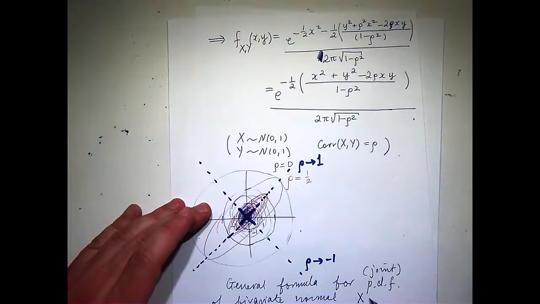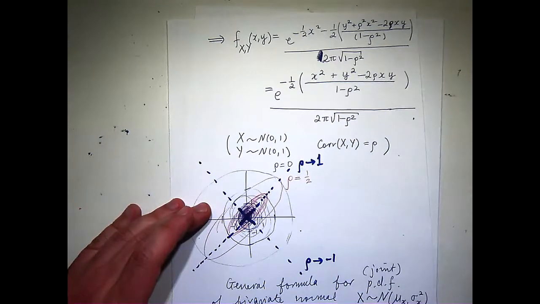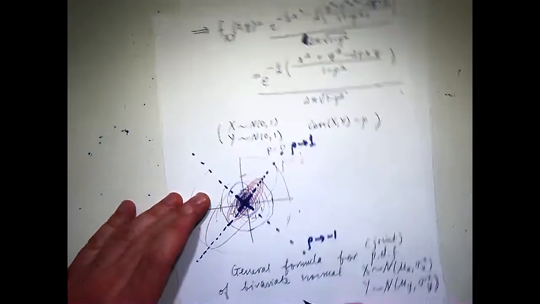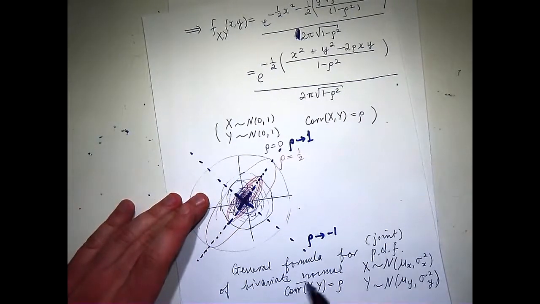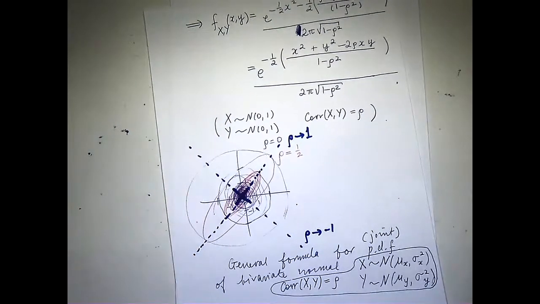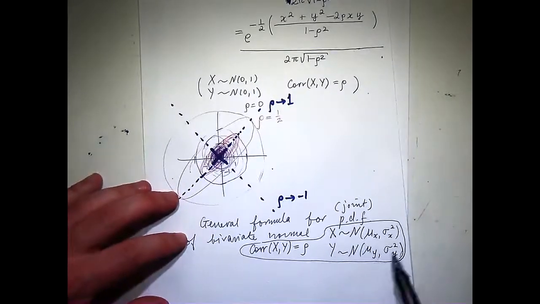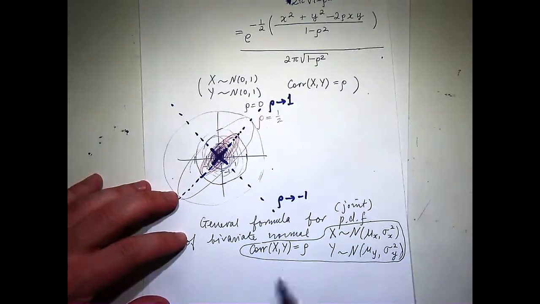So they're going to be x and y, but now I'm going to say, let's say X is normal mu x sigma squared x, Y is normal mu y sigma squared y. And the correlation coefficient is always important. I'm going to call that rho. So there's 5 pieces of information to understand the general bivariate normal: the mean of x, the mean of y, the variance of x, the variance of y, and the correlation coefficient.